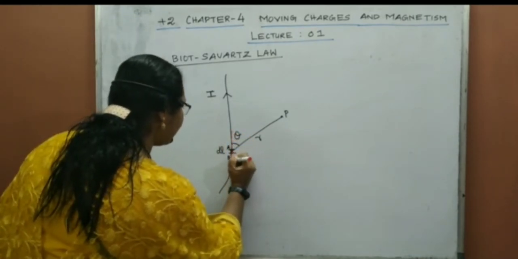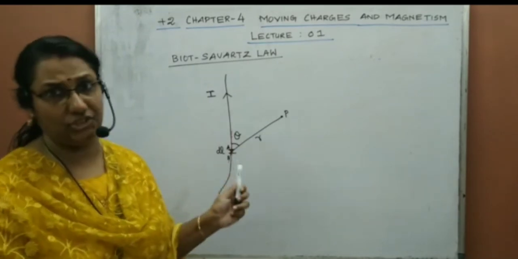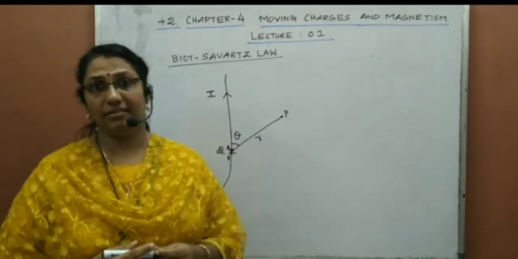This is the direction of current at this point, and to this direction of current, take the tangent here. It makes an angle theta.